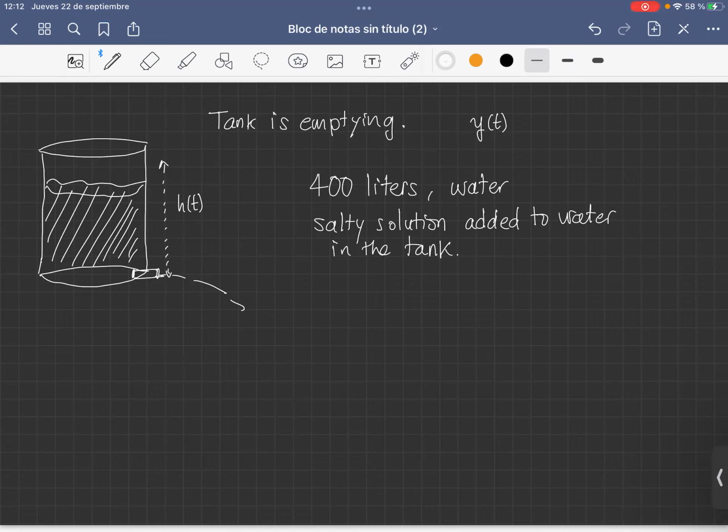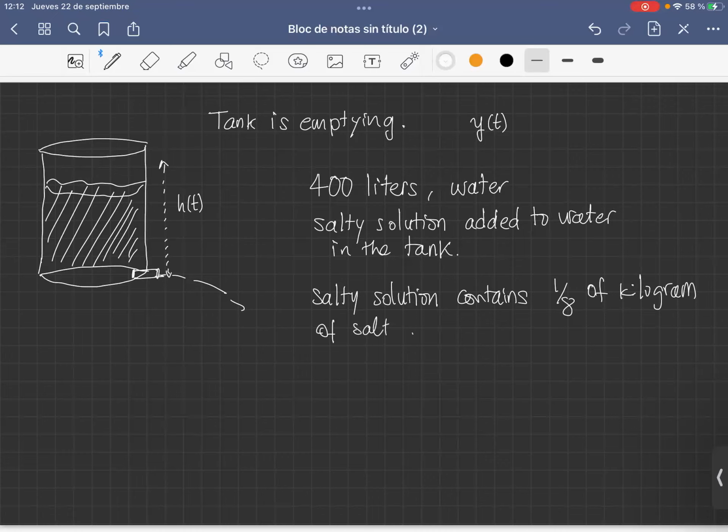So I'm gonna add the salty solution which actually contains 1/8 of a kilogram of salt, sorry, per liter of water. So basically the salty solution is salt plus water.